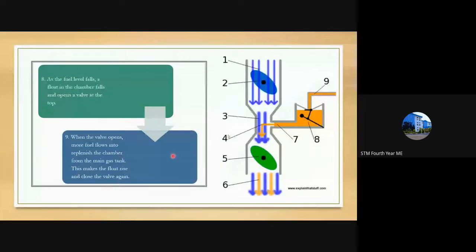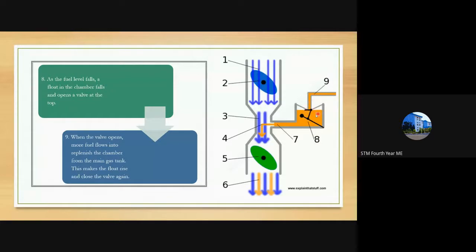So in the eighth region, what was happening? Fuel gets less and less, the level of fuel comes down, and the float naturally comes down. Then in the ninth point, it is saying that the needle valve that is shown here will open, and from the main fuel tank, which you fill at the petrol station, the petrol then falls into the float chamber due to this opening of the needle valve.